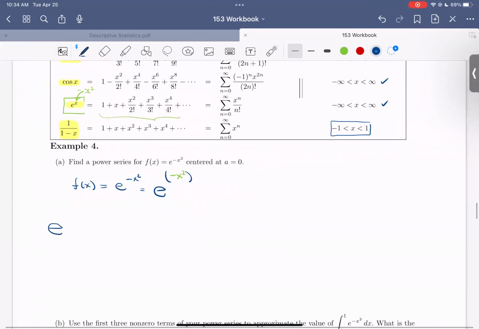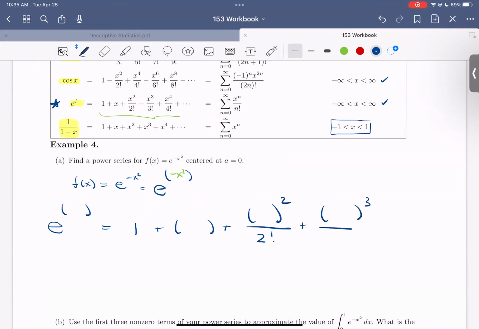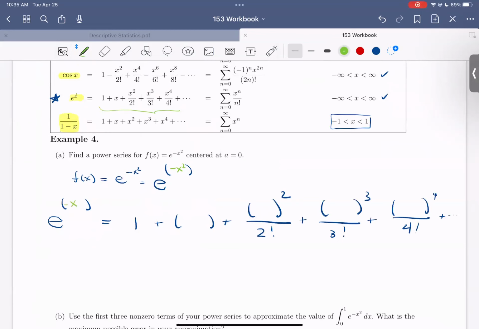So I'm going to write out that power series, but I'm going to leave x kind of open. I'm going to leave some parentheses here. So e to the x following that power series in the box above would look like 1 plus the parentheses, or whatever I'm going to stick in, plus that parentheses squared over 2 factorial, plus cubed over 3 factorial, plus to the 4th over 4 factorial, etc. So now into that exponent, I'm going to put negative x squared.